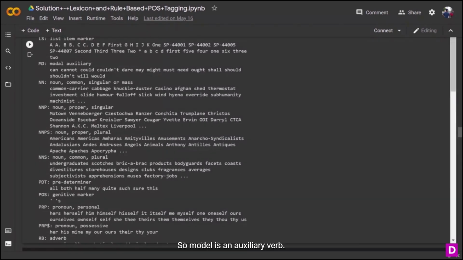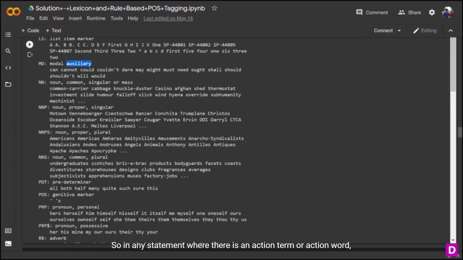See, a modal is an auxiliary verb. It is a form of verb, but it appears exactly before a verb. So just like a determinant for a noun, this is for a verb. So the modal is an auxiliary word that appears just before a verb.